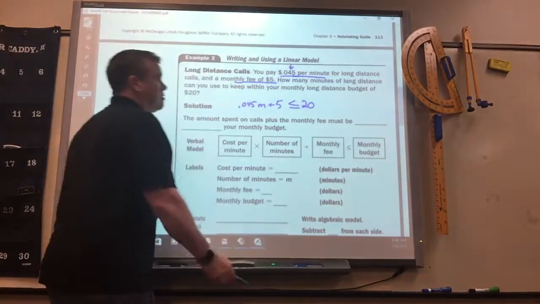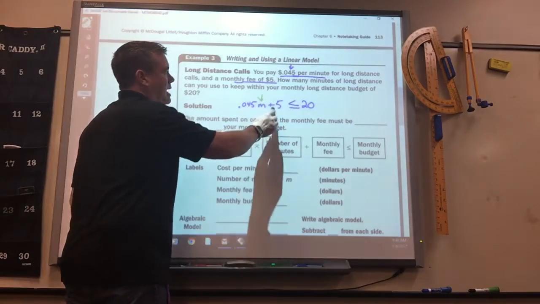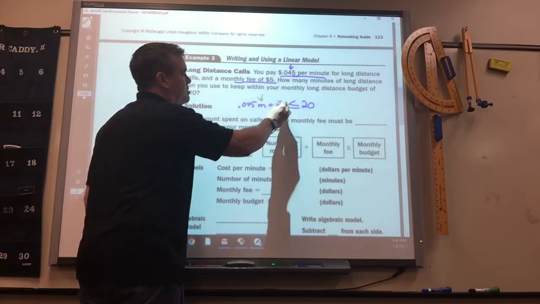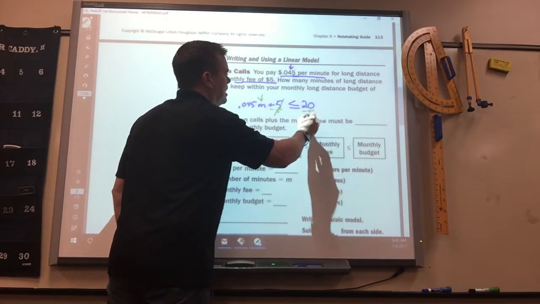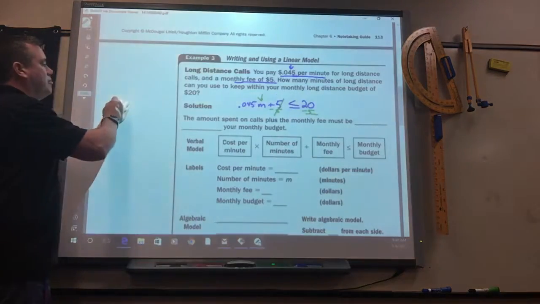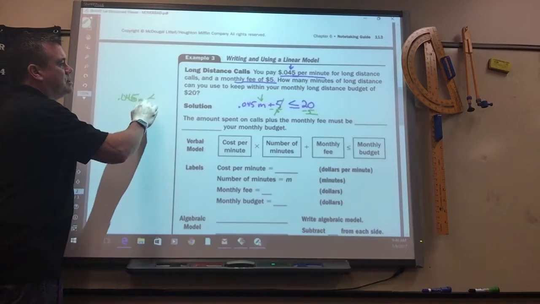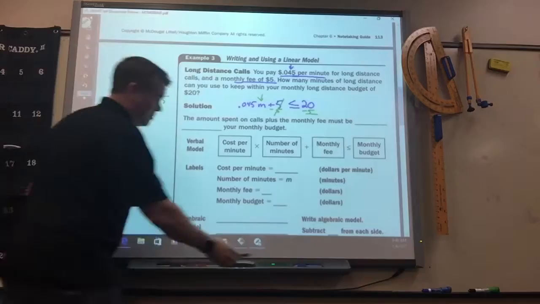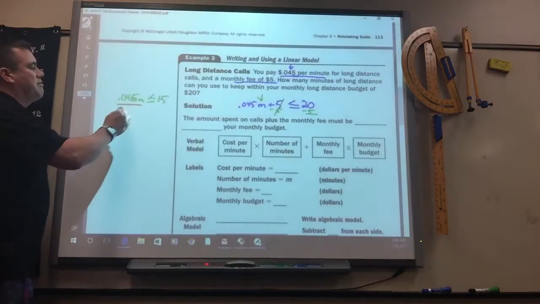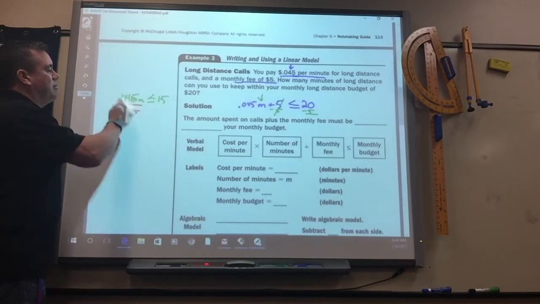So in order to solve it, to get the m by itself, I got to get rid of the plus 5, so you minus 5. Do the same to the other side, and you'd have 0.045m less than or equal to 15. So then you just got to divide by 0.045.